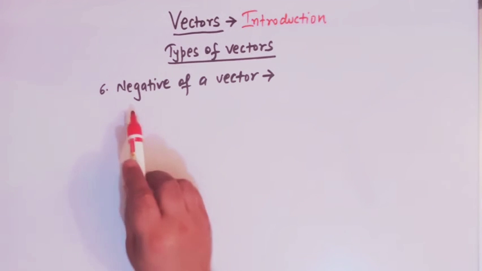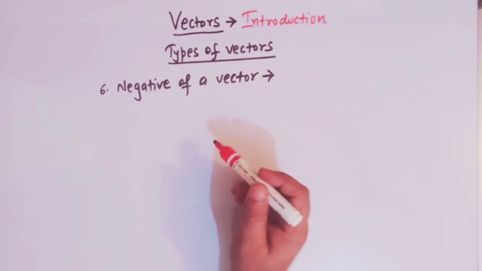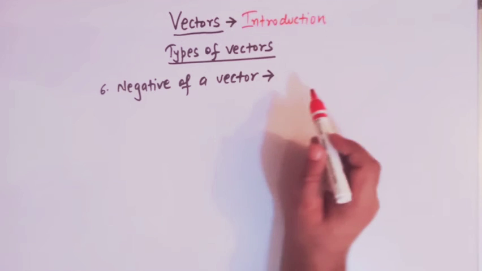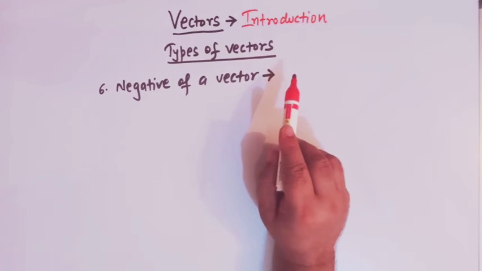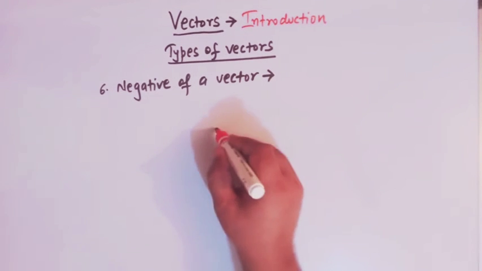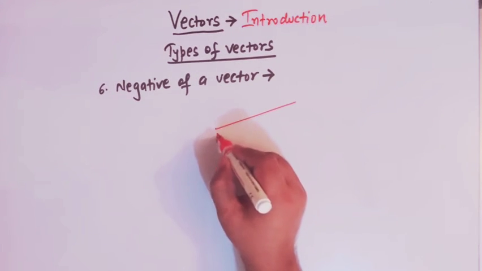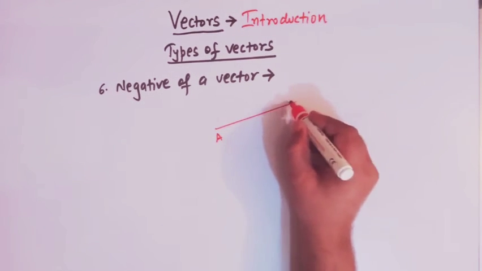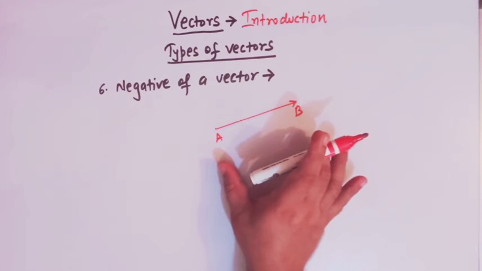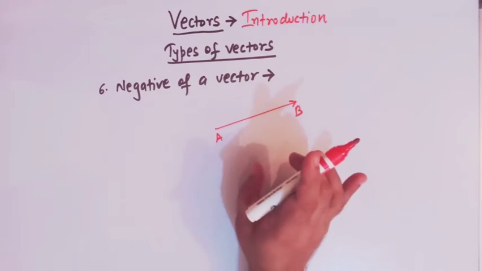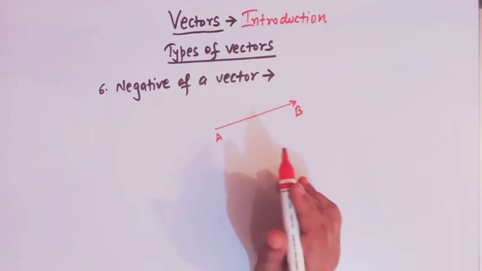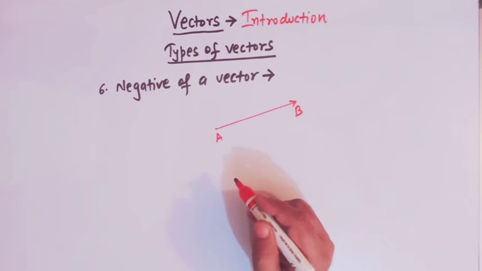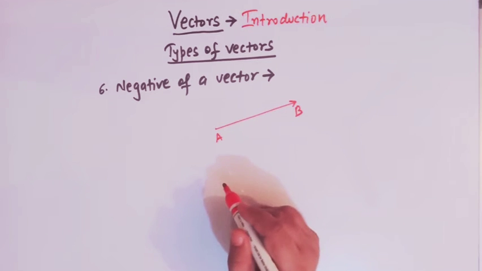Now come to the negative of a vector or negative vector. A vector whose magnitude is the same as that of a given vector, say AB, but whose direction is opposite to it, is called the negative of the given vector.